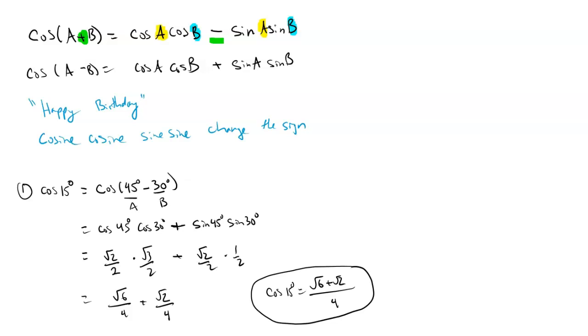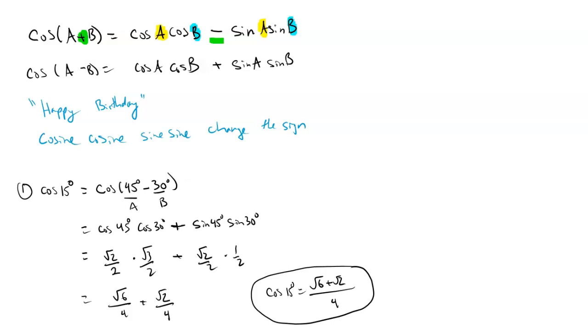Depending on which values you decide to use, we could have said 60 minus 45, and the answer might look different, or the values might be switched. Root 6 might not be first, root 2 might be first.